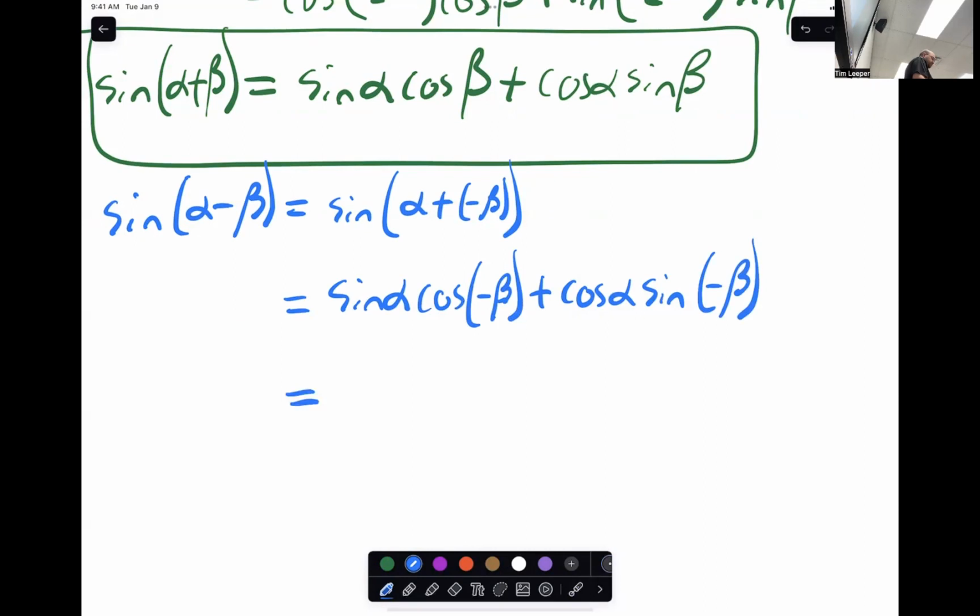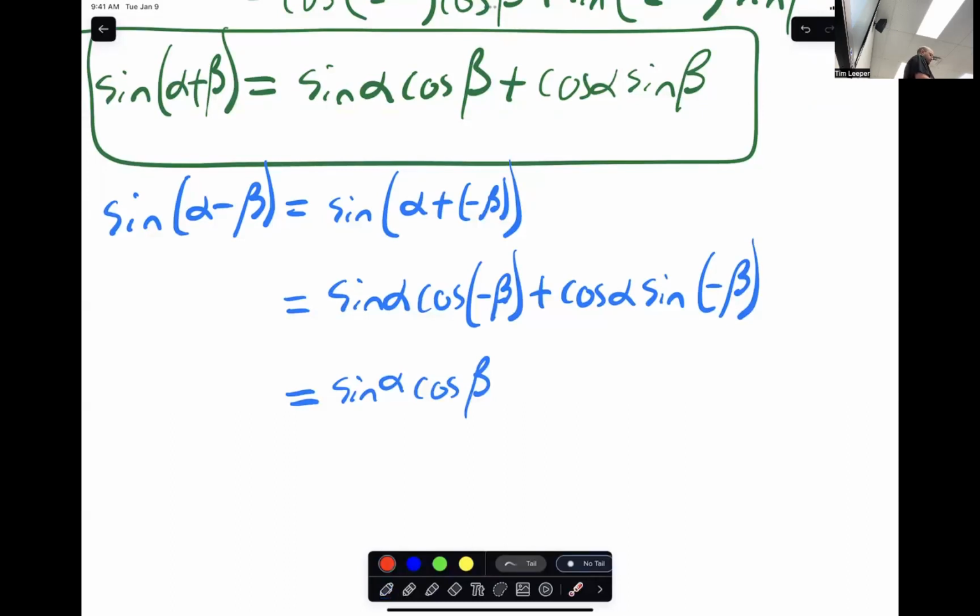Alrighty, so looking through here, notice that sine alpha just stays as sine alpha. However, we have a cosine of negative beta. Now, is cosine even or odd? Even. It's even. And with evens, what happens to this negative on the inside? It goes away. So all we're left with is cosine beta.